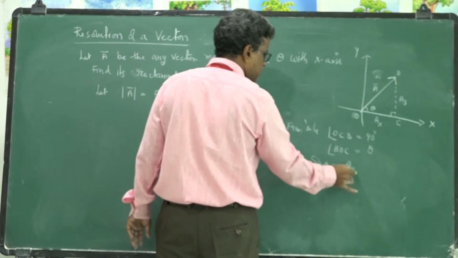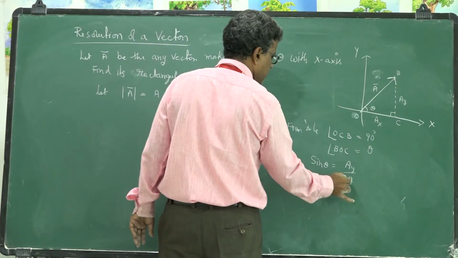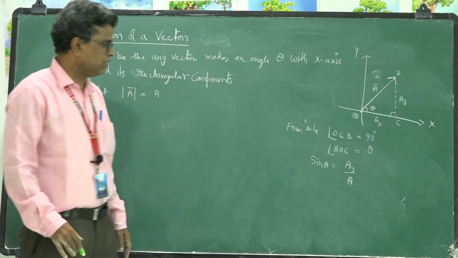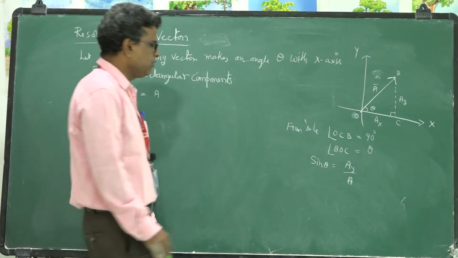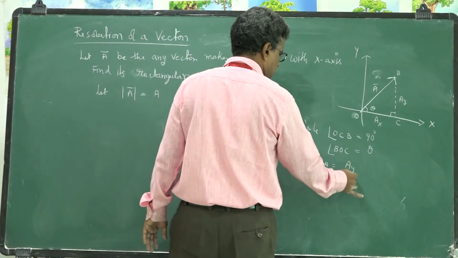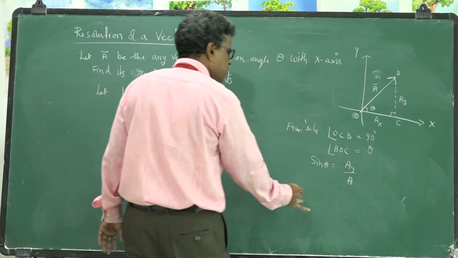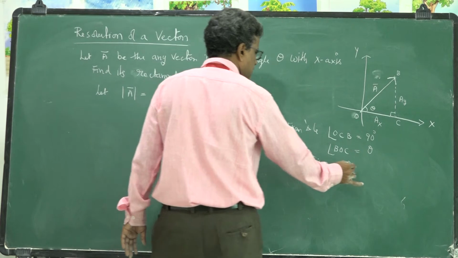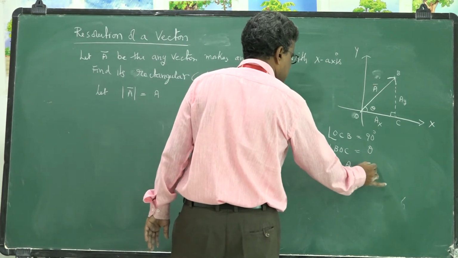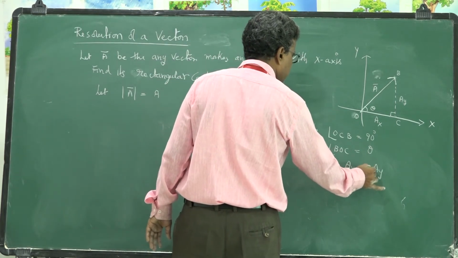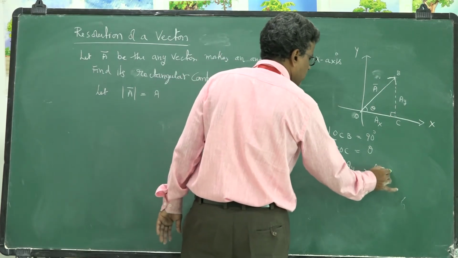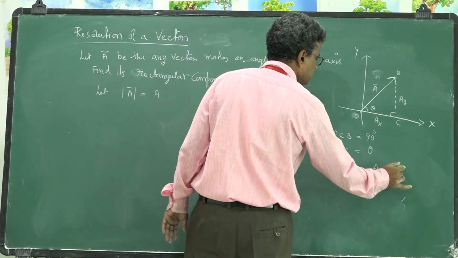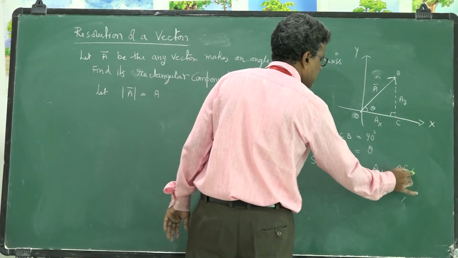Its magnitude is, let it be a. So sin theta is equal to ay by a. What is ay, cross multiply? You will get ay is equal to a sin theta.